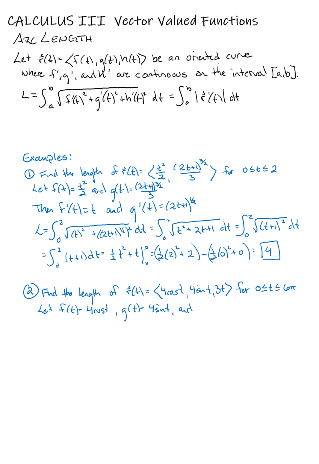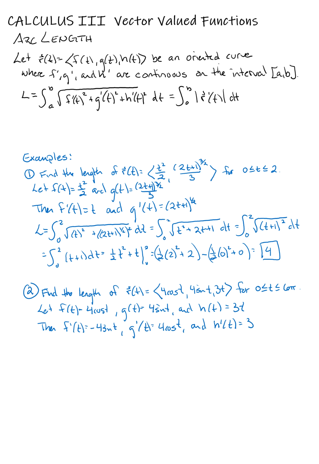And finally, h of t is 3t. From there, we'll find f prime of t, which is negative 4 sine t. g prime of t is 4 cosine t. And h prime of t is simply 3.